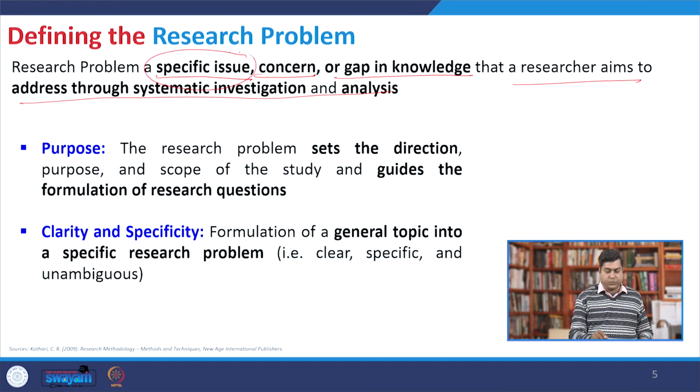Specific issue: if we are doing planning or architectural research, there might be some issues. For example, if you want to do some kind of building design in a harsh climate, maybe a very cold or very hot climate, then depending on that, there are certain decisions you have to make about the material you are going to use for the external wall.